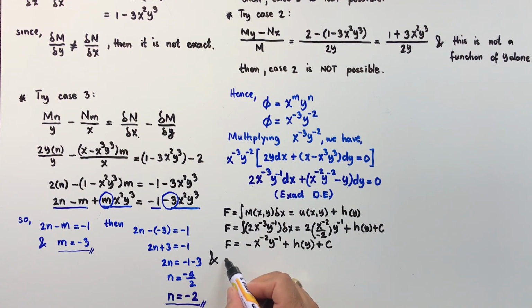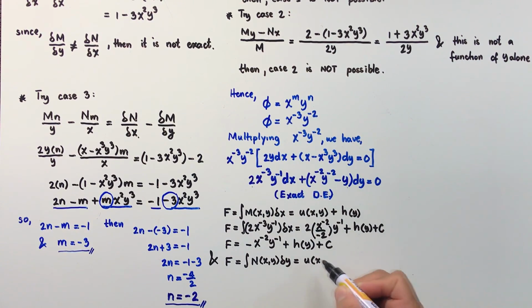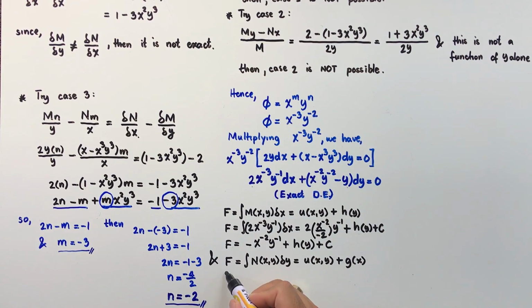And also we can find our big F by integrating our N, which is in terms of x and y, partially with respect to y. And we expect an answer which is in terms of x and y plus a function which is in terms of x alone, if there is any. So we have our N, which is this one here, x to the power negative 2 y to the power negative 2 minus y, but this is with respect to y.